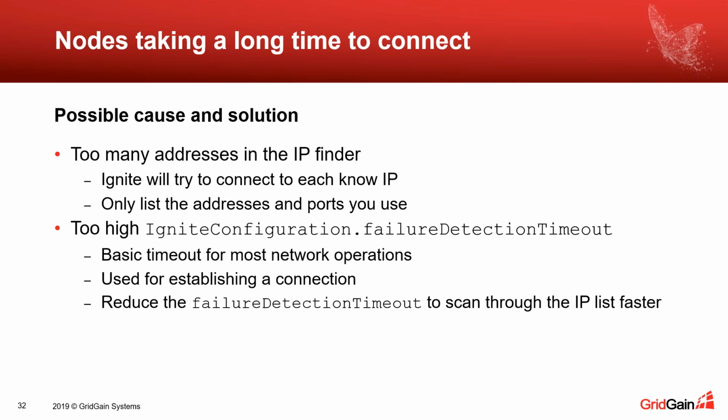If connecting to a single address takes a long time in your network, and this may be the case in some networks due to network configuration, when connection attempts take too long to fail, iterating through a long list of IPs might lead to long startup times.